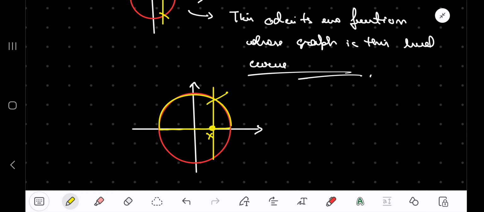So this semicircle can admit a graph in terms of some function.